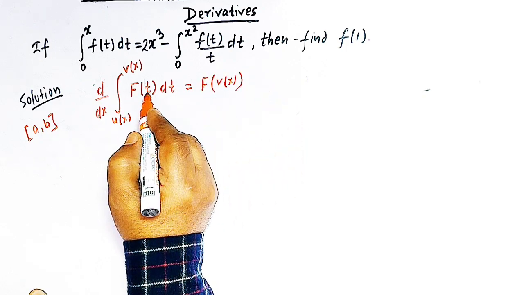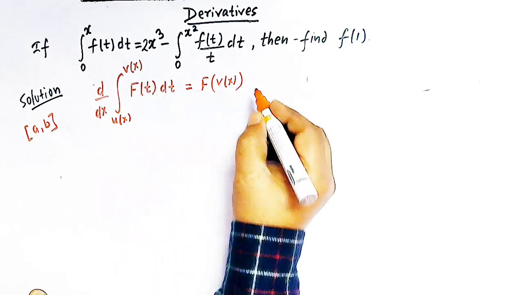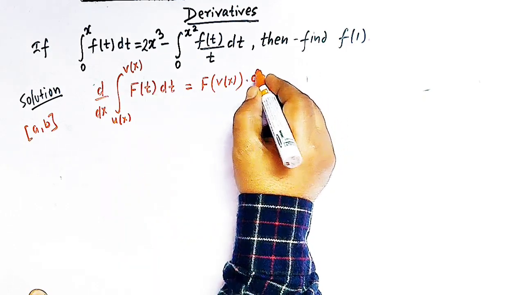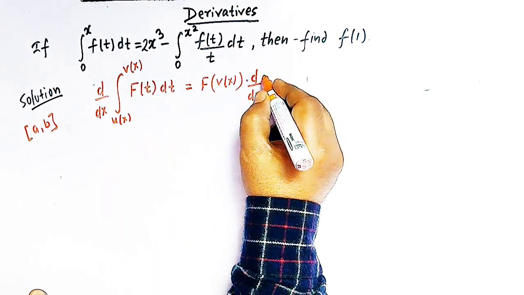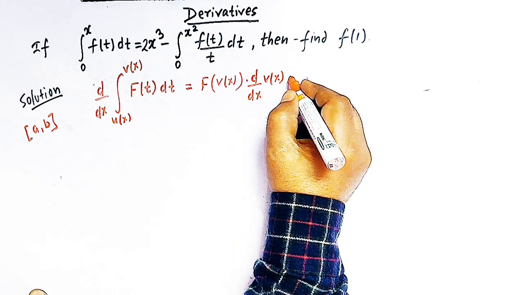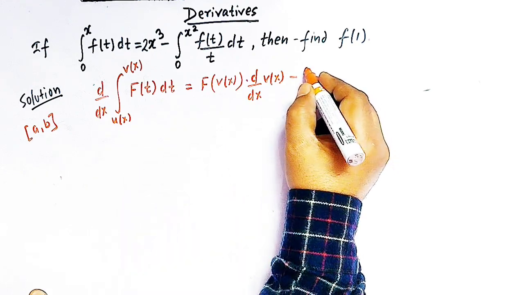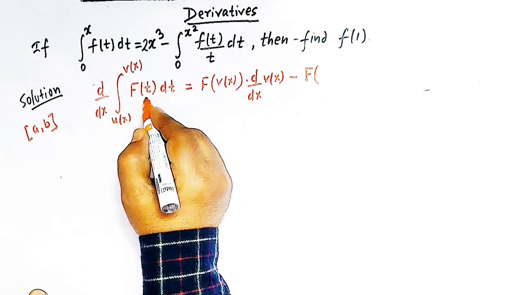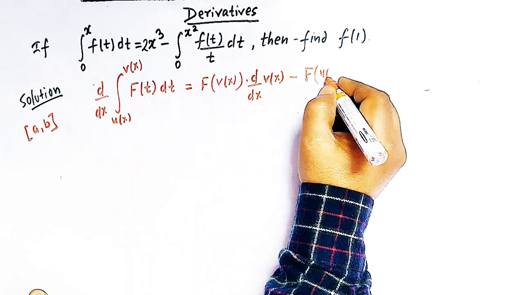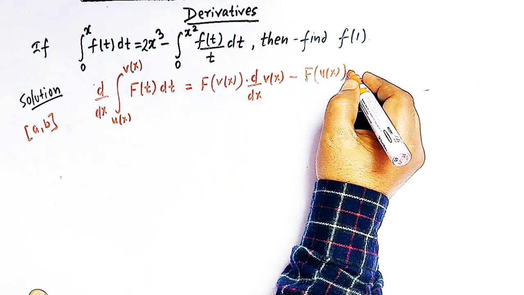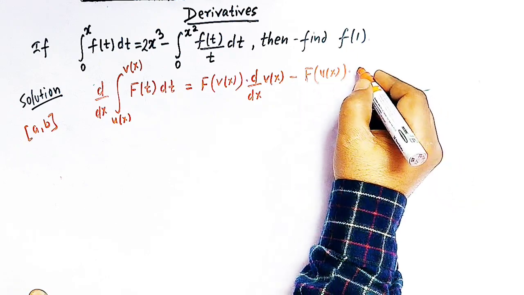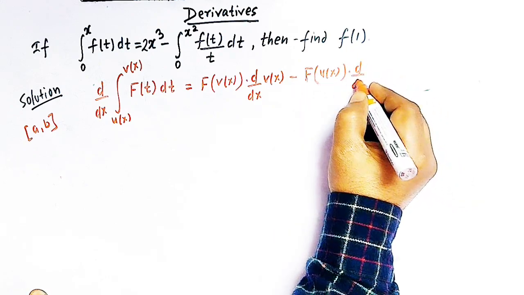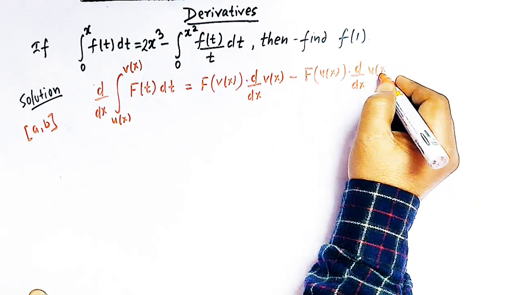That is, first we'll replace this t by v of x, and then we write here d by dx of v of x, and then we have a negative sign. Then we have f of u of x, that is, now we'll replace this t by u of x, and we multiply this expression by the derivative of u of x, right?